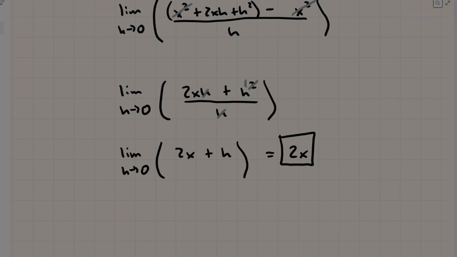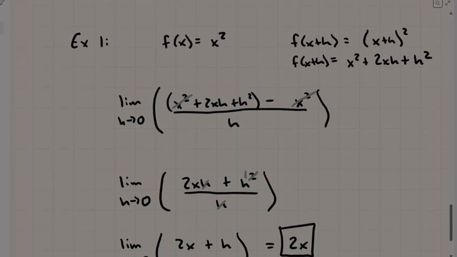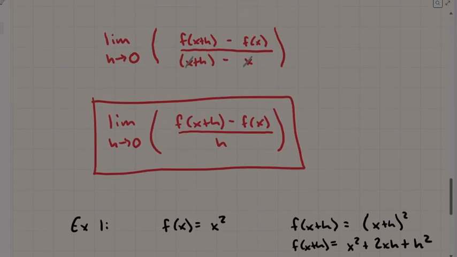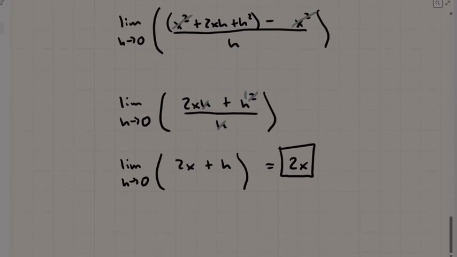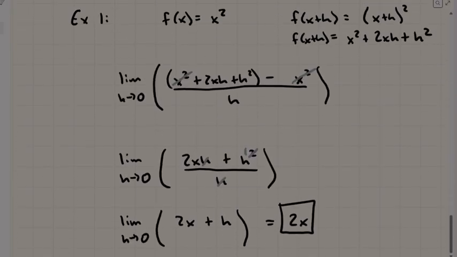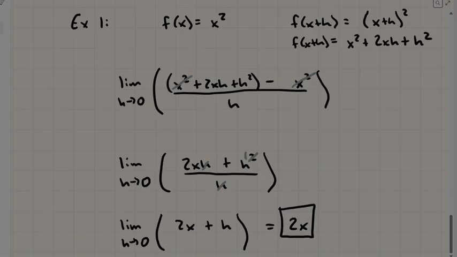And so what this means is, remember, this is also the definition of the derivative. The derivative is a formula that measures the slope at any x value. And so for the function x squared, the slope of it can be found by 2x at any x value.